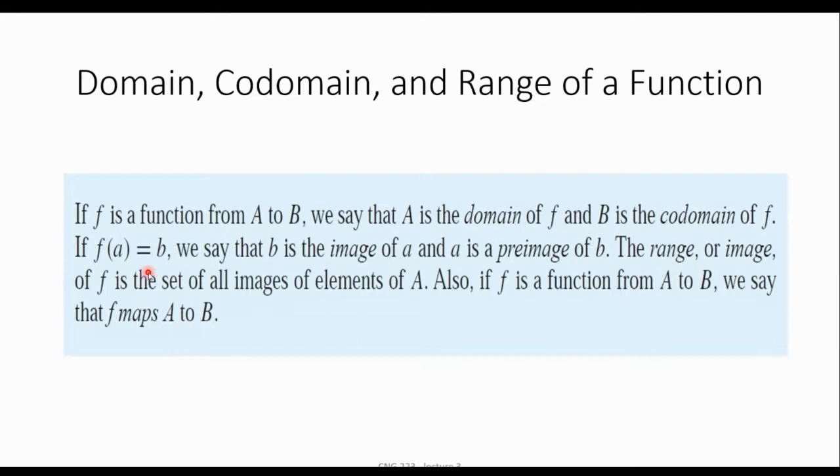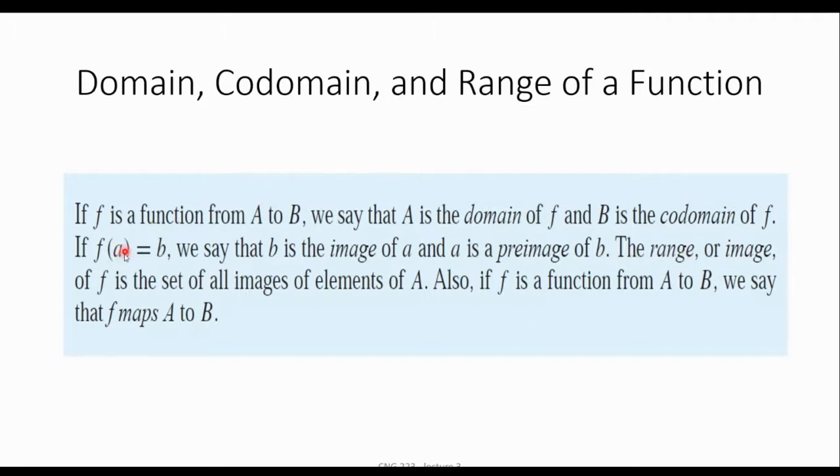If we have one arbitrary element a from A, we can say f(a) is equal to b. Then we call this value the image of a. And the collection of these images, we call the range of the function.